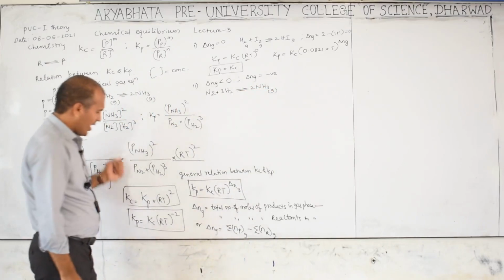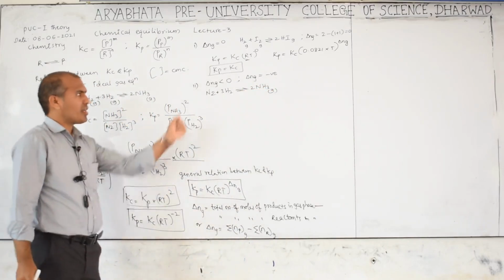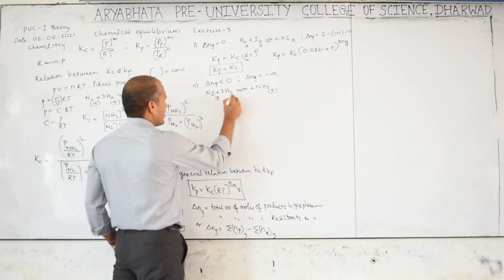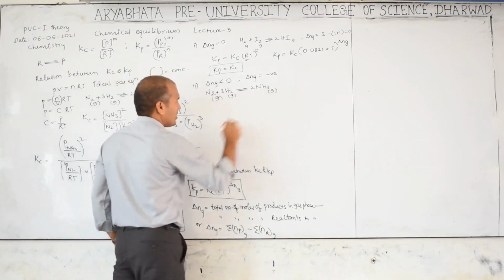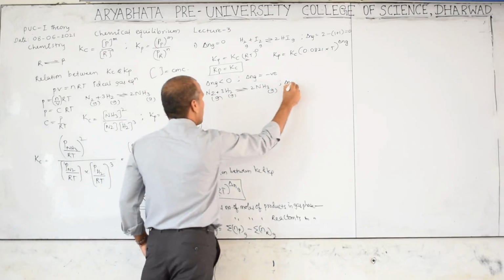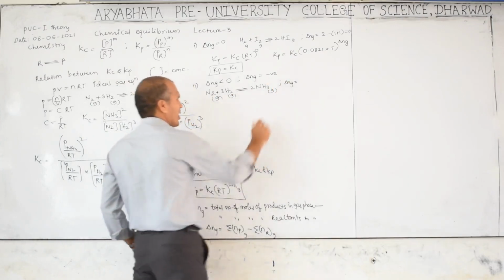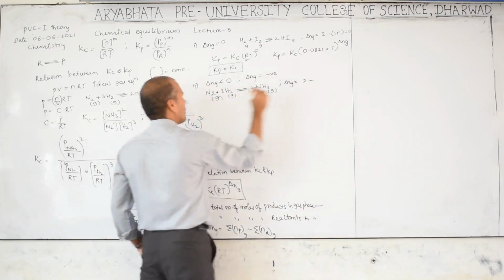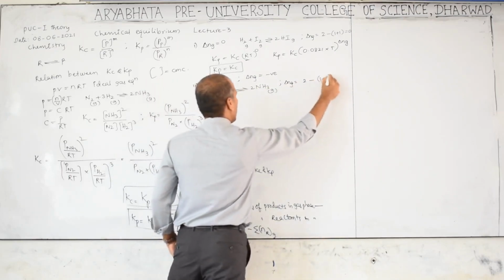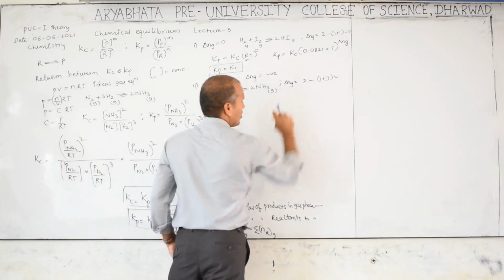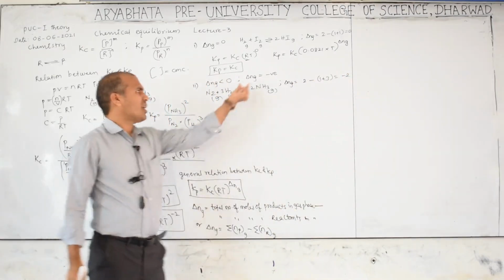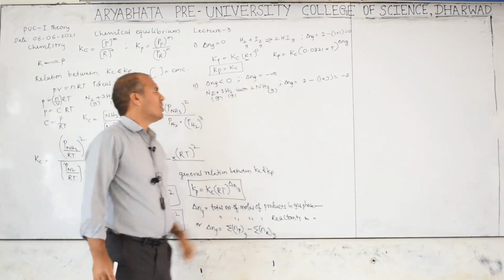I am explaining this with the generalized equation. This is gas, this is gas, this is also gas. For delta Ng: 2 minus (1 plus 3), that is 4, so 2 minus 4 is minus 2. Keep in mind delta Ng is negative.